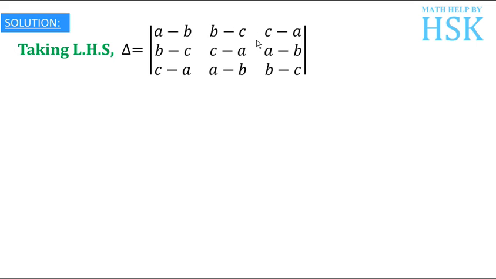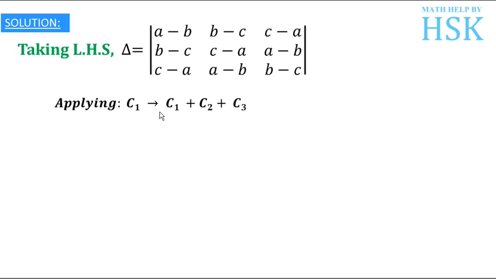If I add these terms together, I get a minus a, that is 0, b minus b, 0, and minus c plus c, 0. So these terms add up to give me a 0. Keeping this fact in mind, I'm going to apply this property.